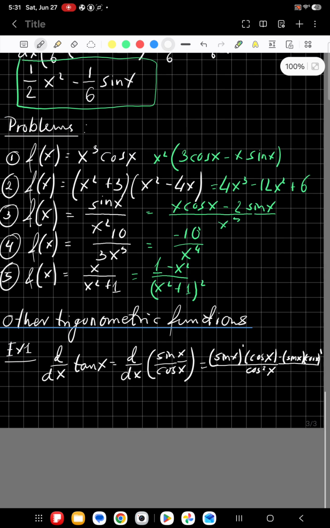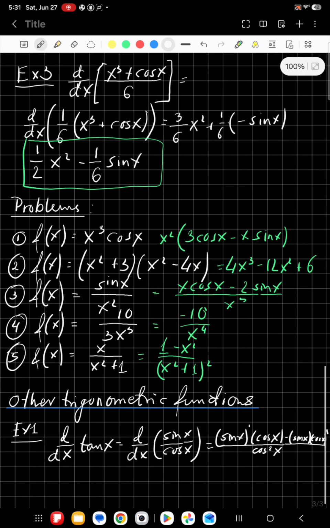The derivative of sine is cosine, so cosine times cosine gives cosine squared x.